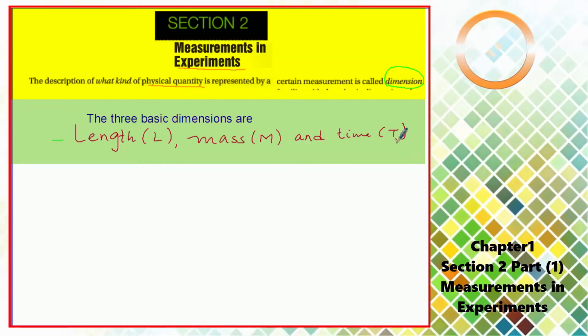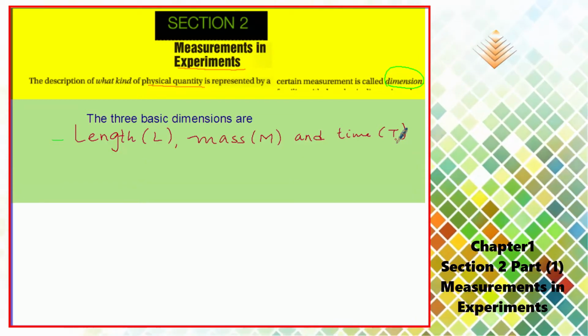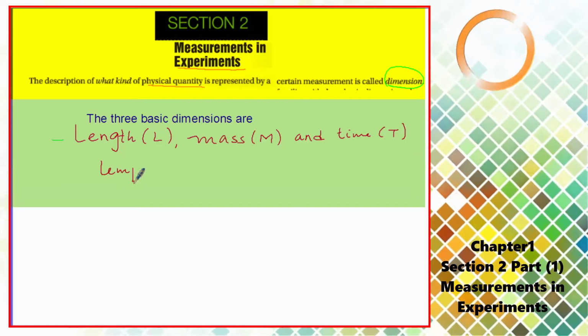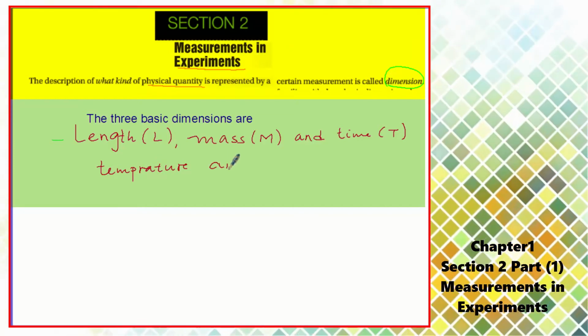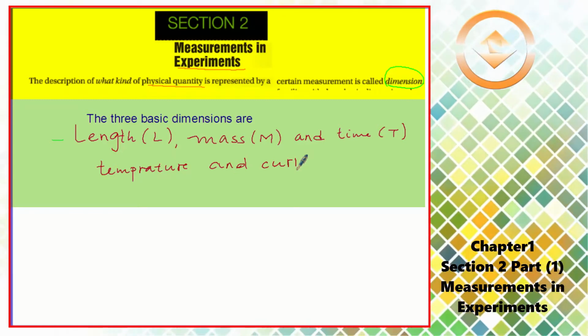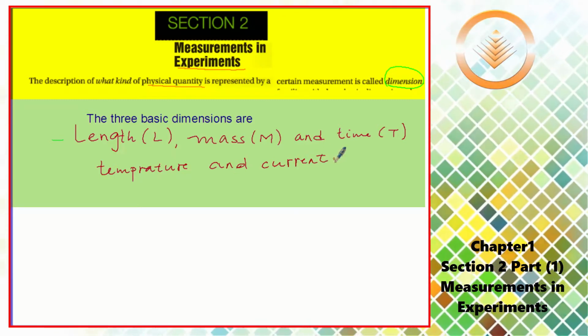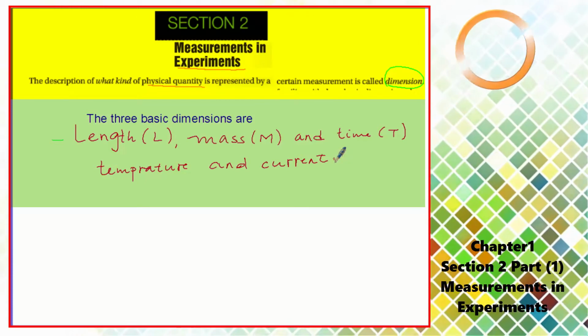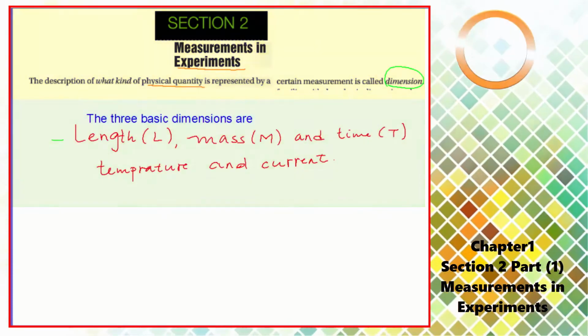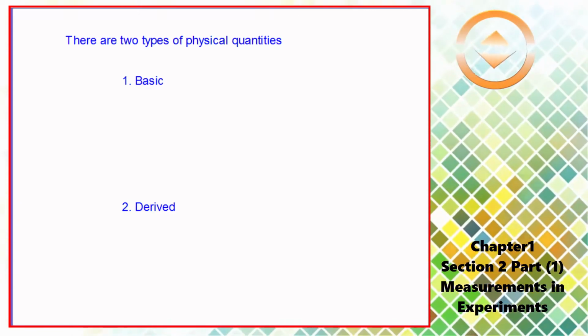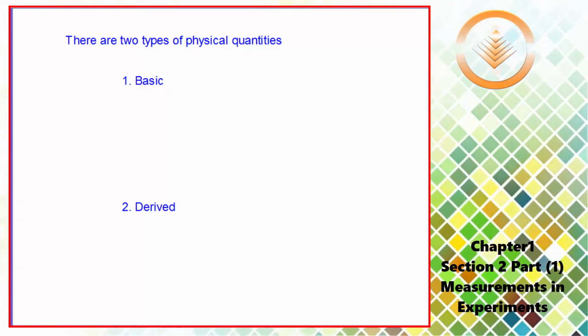Sometimes we can also add temperature and current, when there is heat and electricity. But the 3 basic dimensions are mass, length, time, and sometimes temperature and current.